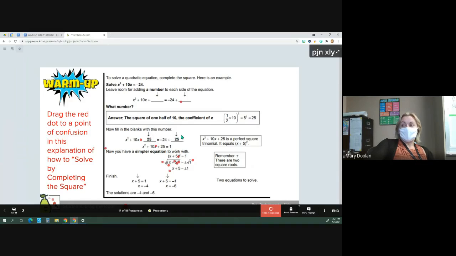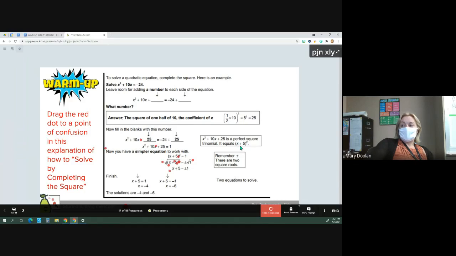We're adding 25 on the right because whatever you do to one side of an equation, you have to do to the other side. So x squared plus 10x plus 25 equals 1. These add together to give us 1. This now, because it's a perfect square trinomial, can be rewritten as x plus 5 squared.